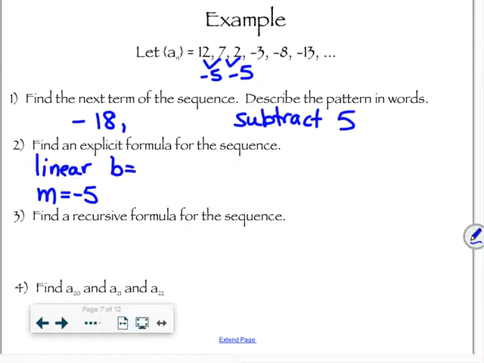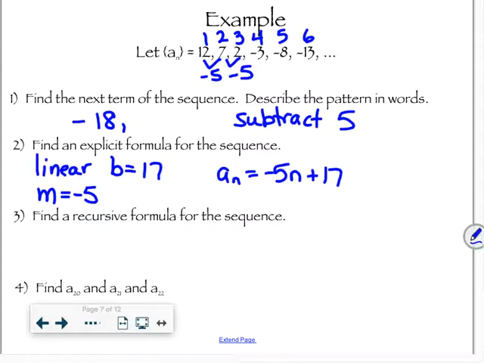Because this is the first term, the second term, the third term, the fourth term, the fifth term, the sixth term. So the y-intercept would be, if we had one, the 0th term. So what would b be? 17. So now watch how we're going to do this. You don't want to use x, because that's not the letter we have. It's going to be negative 5n plus 17. Okay?